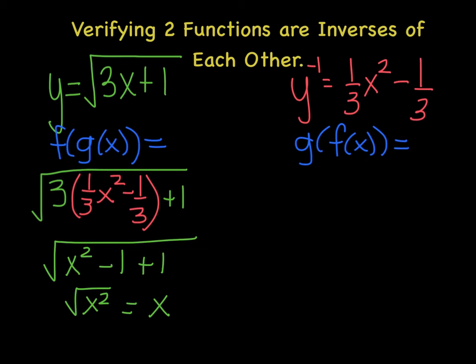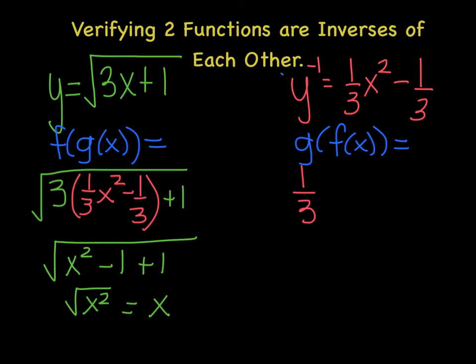Now let's look at what happens on the other side. I'm going to take this 1/3, but now what it's saying is I want to take f and put it into g. See how f is inside of g? So I'm going to take f and put it inside g. So let me just make sure that we change these letters up here.